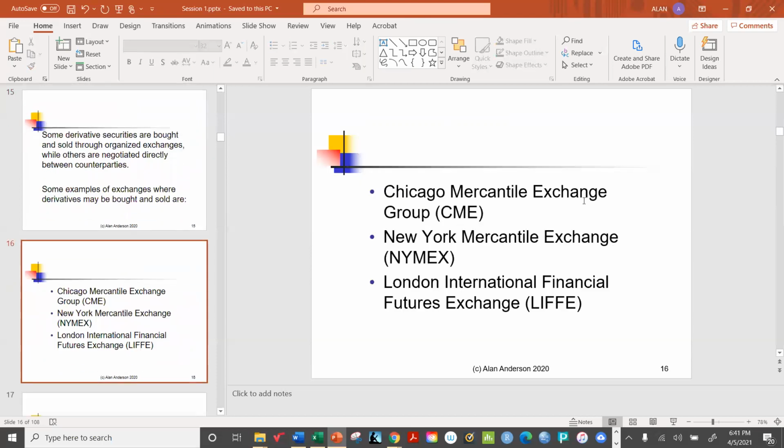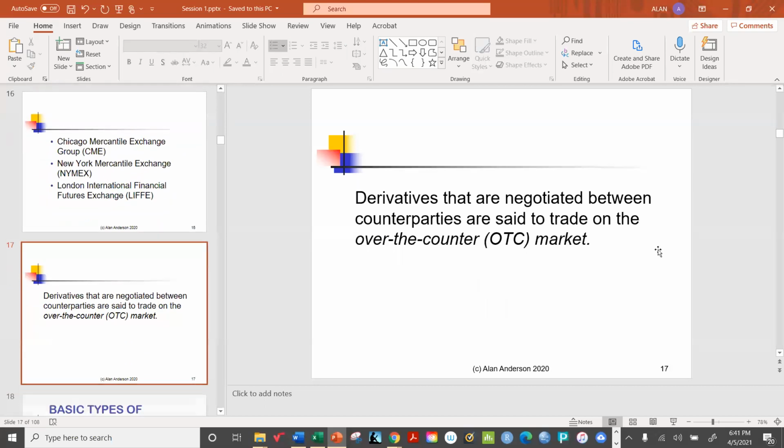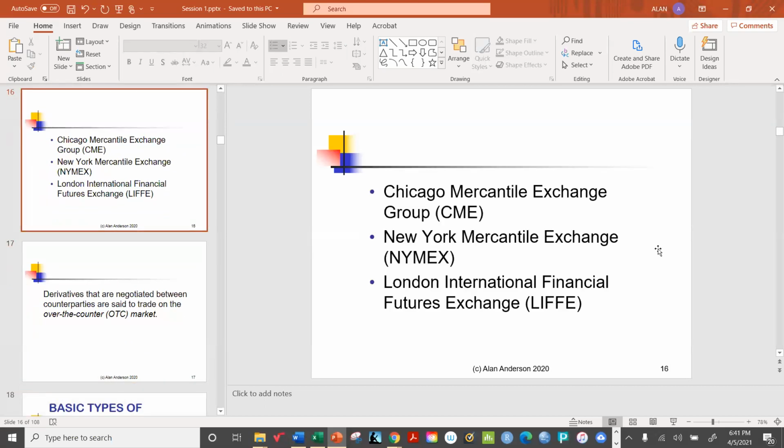Well, in the United States, we have the Chicago Mercantile Exchange. In New York City, we have the New York Mercantile Exchange, although they primarily focus on energy derivatives. And then we have the London International Financial Futures Exchange. And of course, there are many others as well throughout the world. And this is where you can come and buy derivatives through an exchange.